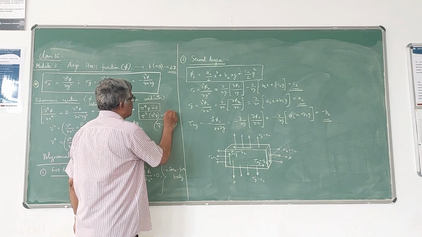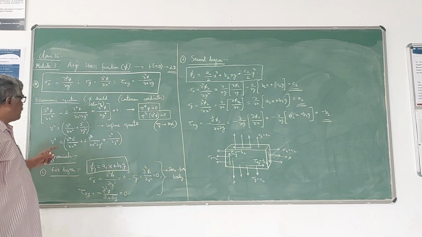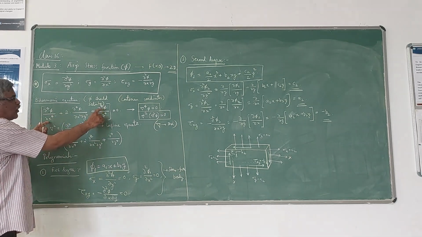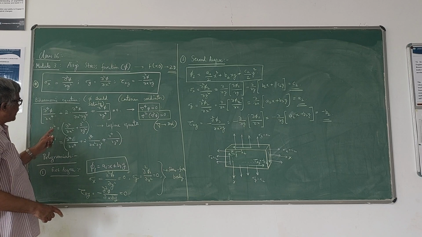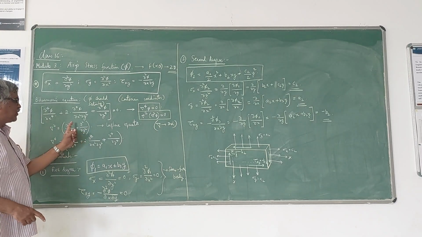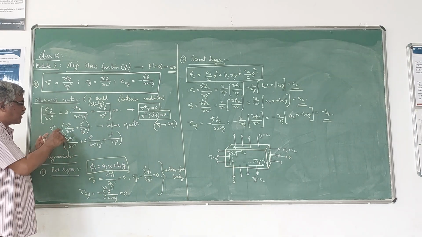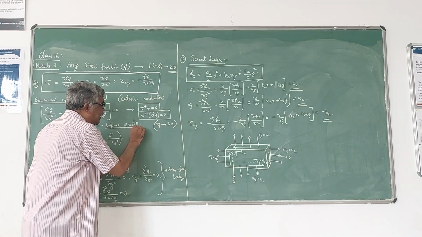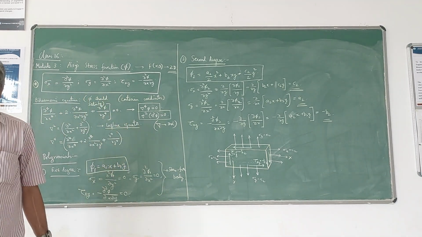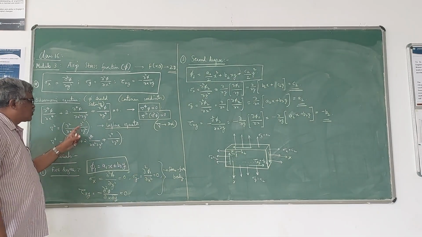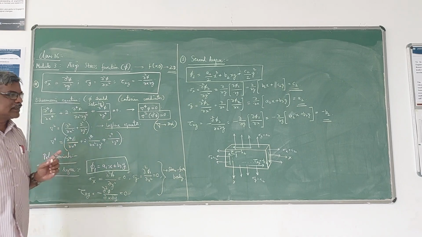So these two are the same. And this del power 4 is nothing but del power 4 without the phi. And del square is this one: del square by del x square plus del square by del y square. This is called del square, which is also called the Laplace operator. So the Laplace operator is del square, that is, del square by del x square plus del square by del y square in a two-dimensional stress system.